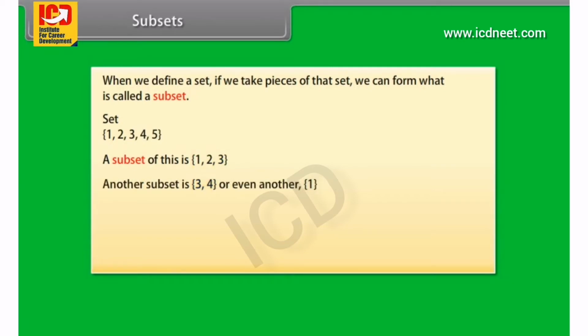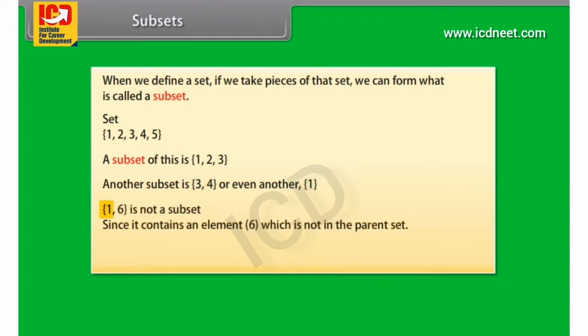Or even another subset is 1. However, 1, 6 is not a subset since it contains an element 6 which is not in the parent set. In general, A is a subset of B if and only if every element of A is in B.